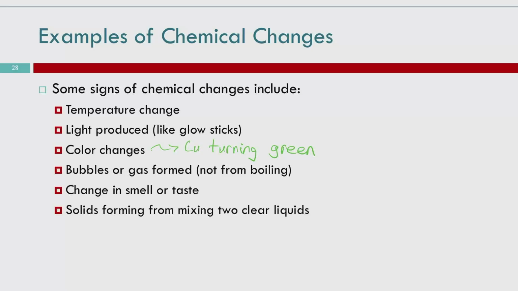Bubbles or gas being formed, like with baking soda and vinegar, which is the classic volcano science experiment. A change in the smell or in the taste of the chemicals, and if you combine two clear liquids to form a solid, that would also be a sign of a chemical change. These will be important for our lab this week, the chemical changes and physical changes.